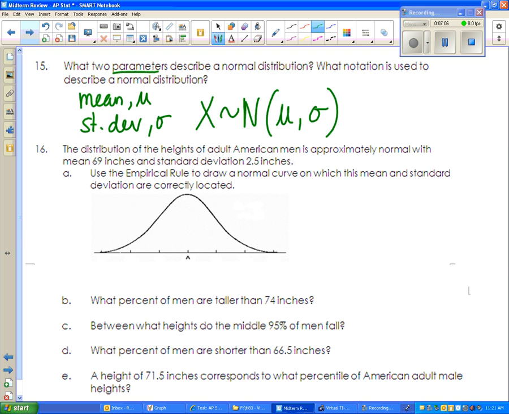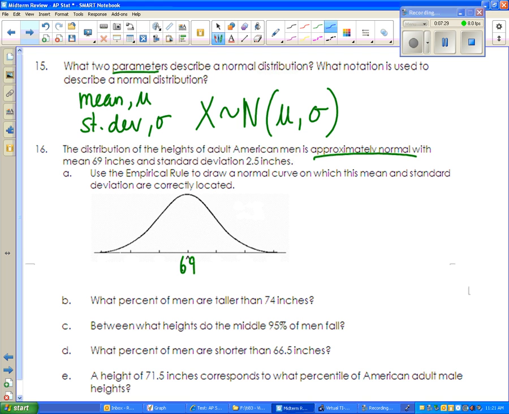In number 16, you're given information about the distribution of heights of adult American men. You're told that it's normal. And you know that the mean is 69, so remember the mean of a symmetric distribution is always in the middle. And the standard deviation is 2.5. With the normal distribution, the mean is always in the middle, and then there are 3 standard deviations on either side.